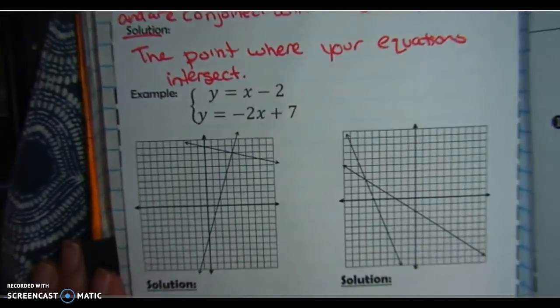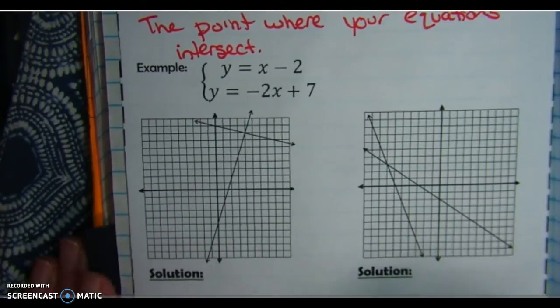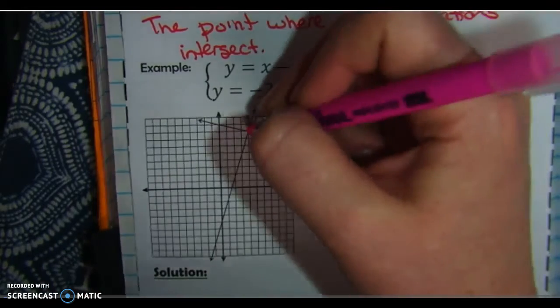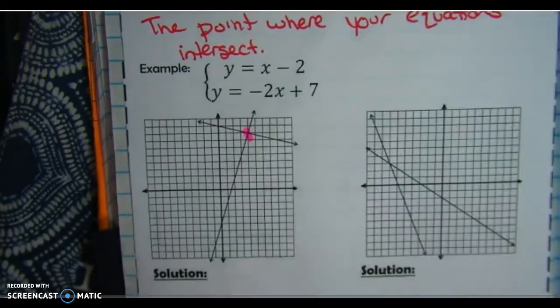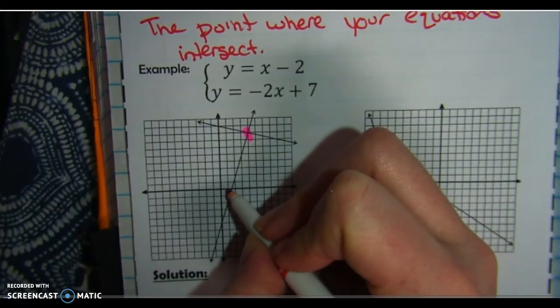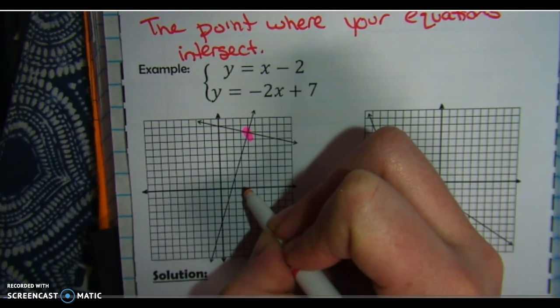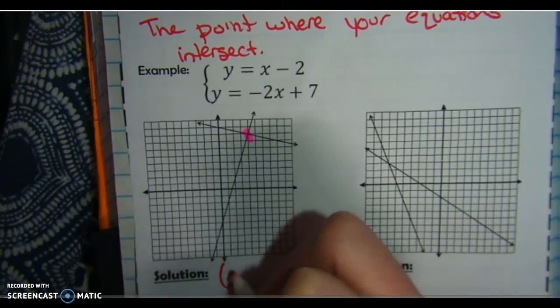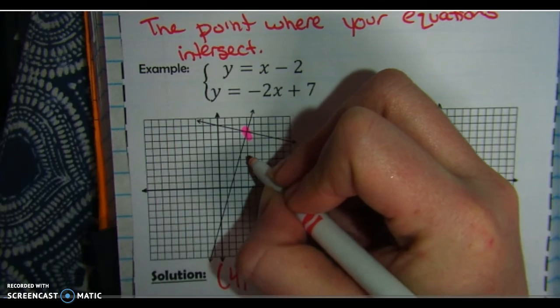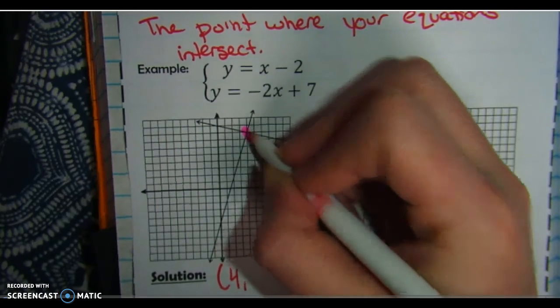But here, if we think about our equations, someone's already graphed them, and we know our point of intersection. So our solution would be, let's see, 1, 2, 3, 4, and 1, 2, 3, 4, 5, 6, 7, 8.